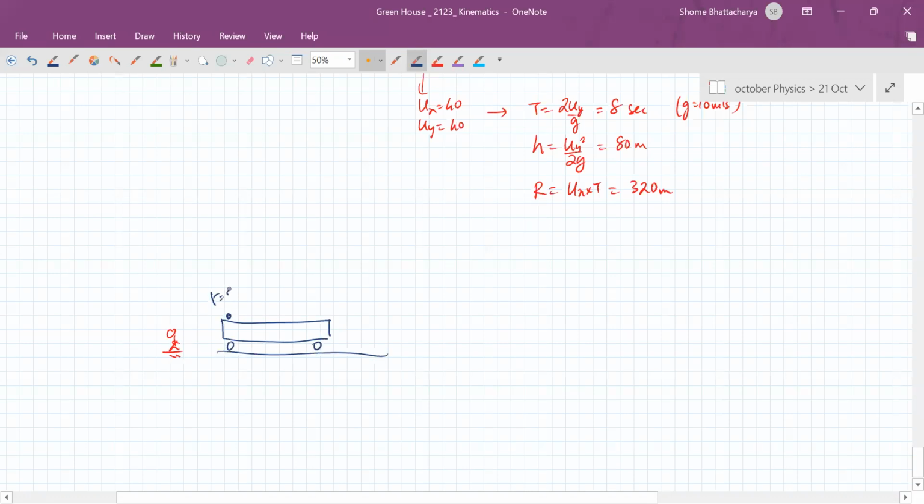at t equal to 0, with respect to him the ball is being thrown at 40 root 2 meters per second at an angle of 45 degrees, and the ball goes like this. Lands here at capital T, which is 8 seconds.